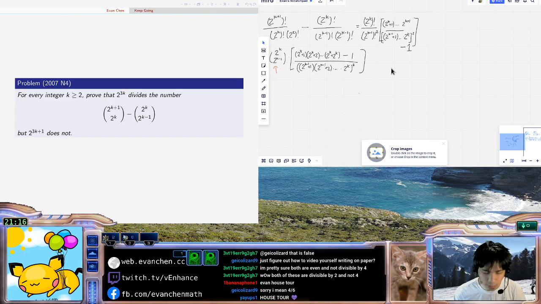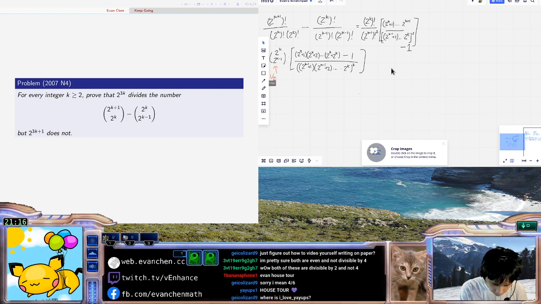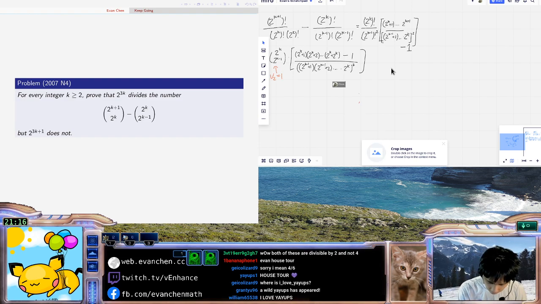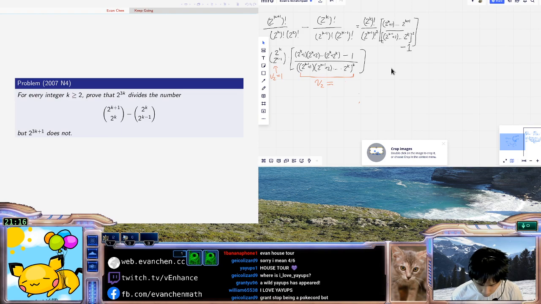Is it just 1? I think this is v2 equal to 1. This should be computable. It should be 1. Okay, and the v2 of this whole blob here is something.